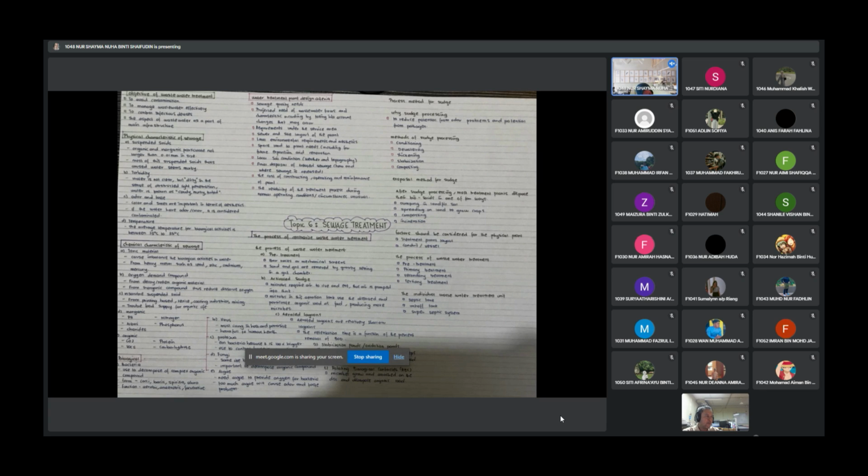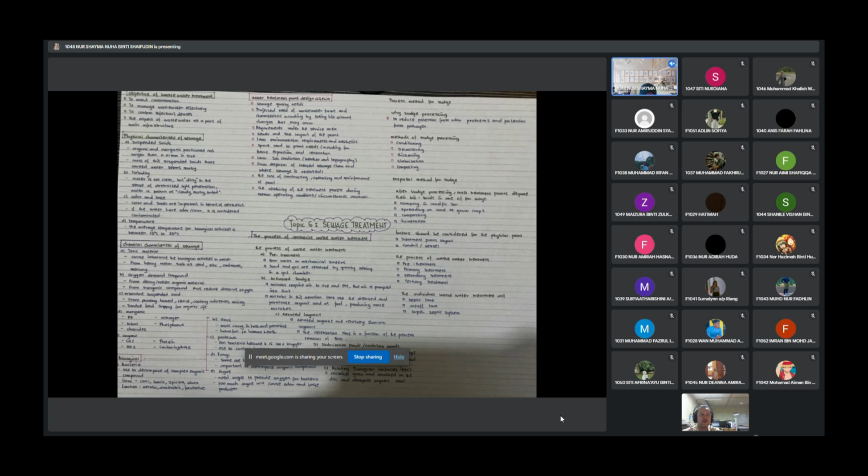Then chemical characteristic of sewage, ada toxic material, oxygen demand compound, ada insoluble suspended solid, ada inorganic and organic. Dalam inorganic ni ada pH, alkali, chloride, nitrogen, and then the last one is phosphorus. Dalam organic pula ada CO2, protein, carbohydrate. Selanjutnya adalah biological. Biological ada bakteria, ada virus, protozoa, fungus and algae.